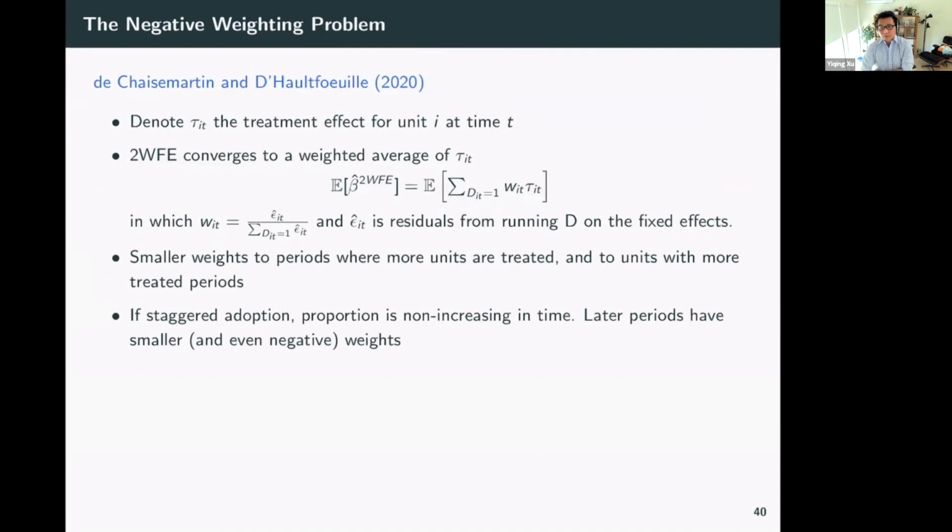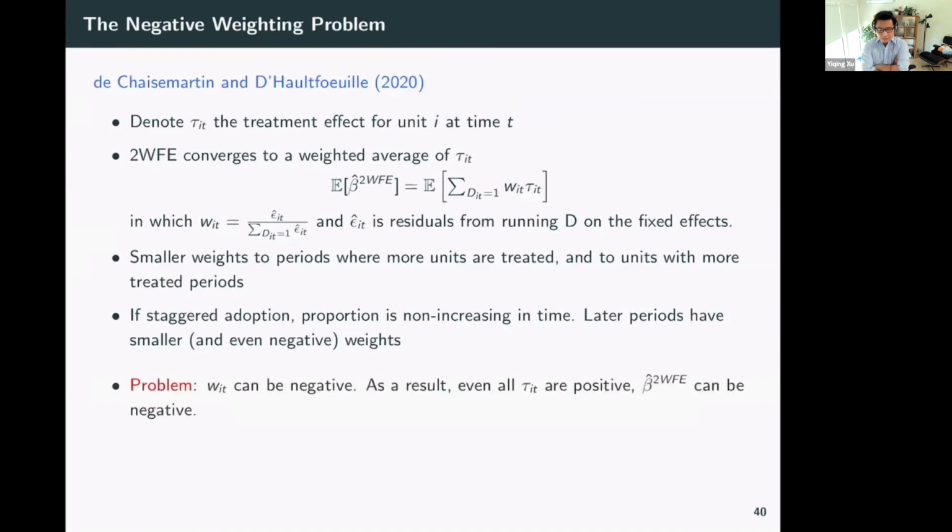The negative weights problem is the same as what we saw in the forbidden DID example, because if you get treated really early, in the later periods those observations for early adopters will be used as controls, right? So the weights become negative.